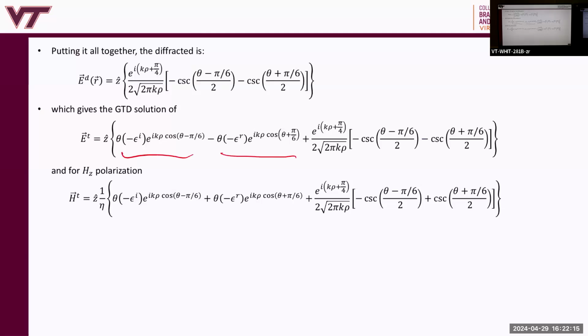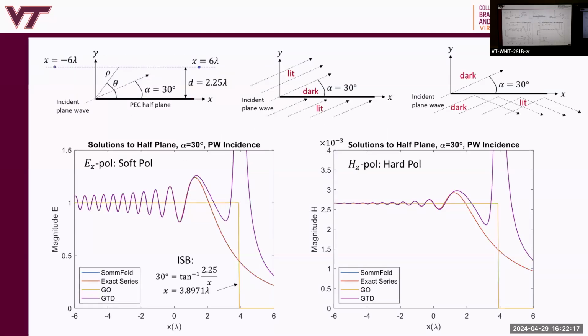Here we have the results. We're plotting the exact solution based on Sommerfeld, which uses the Fresnel functions. We're also plotting the exact series solution that we derived last semester in 5105, and we're plotting the geometrical optics solution and the GTD solution. What do we observe?